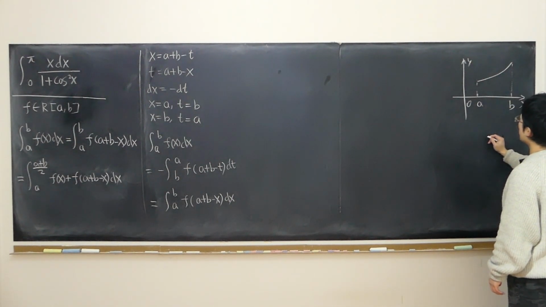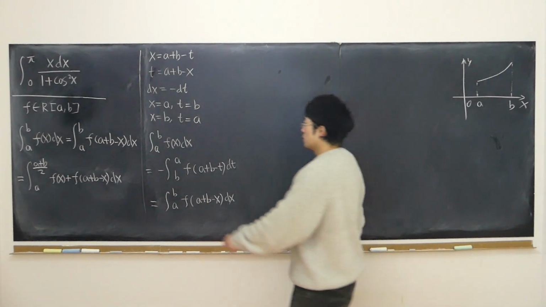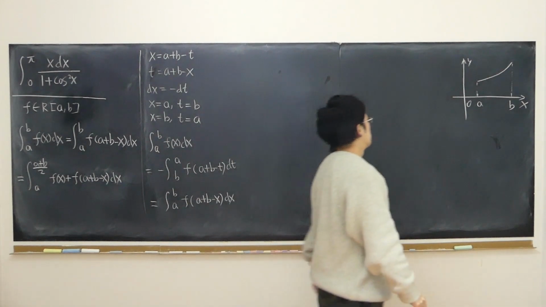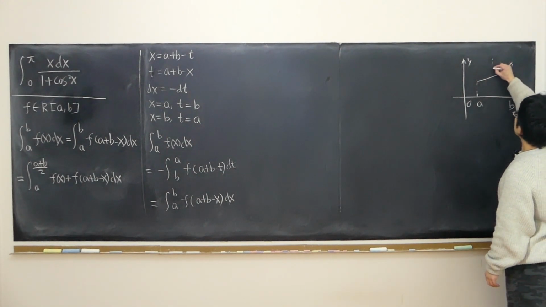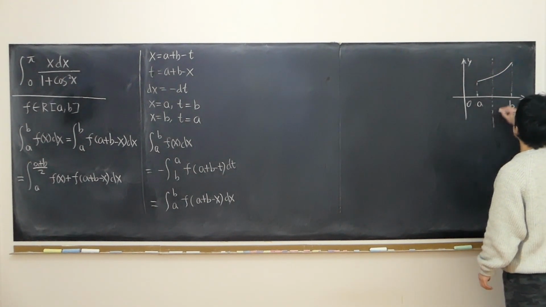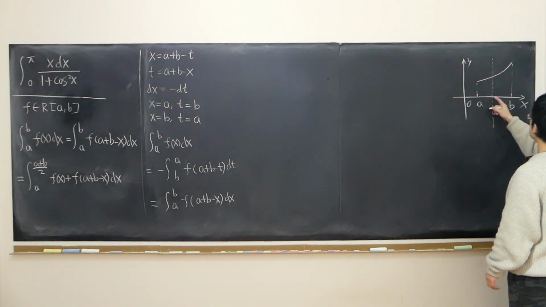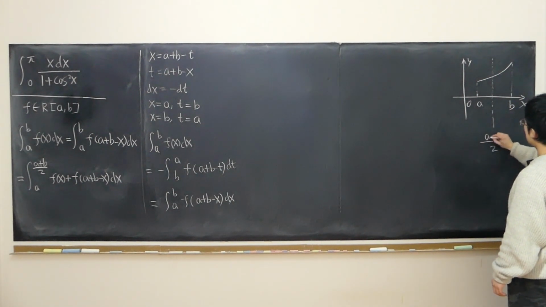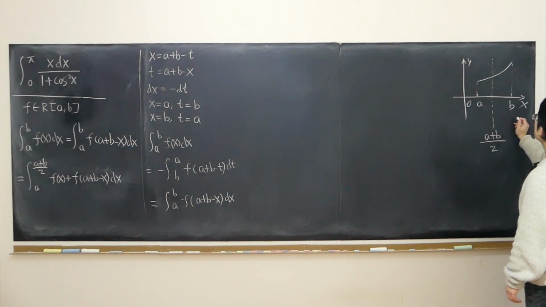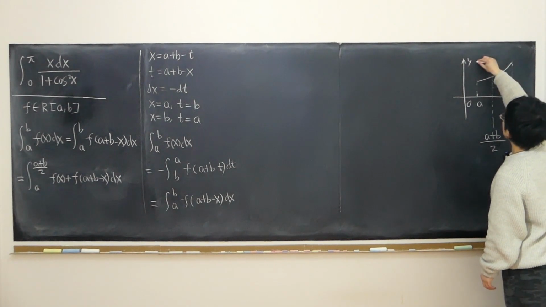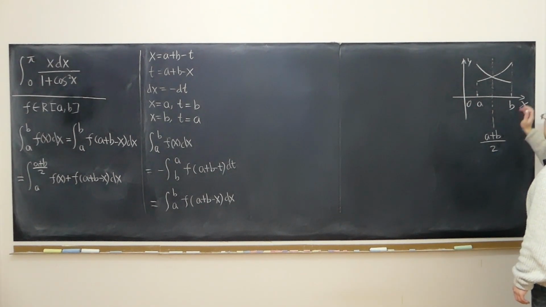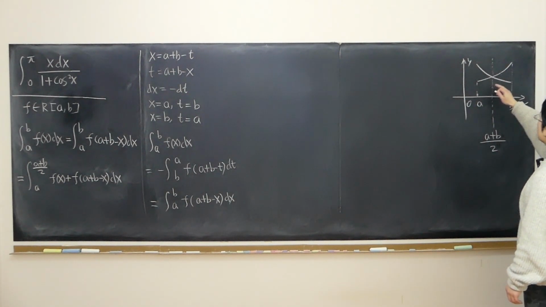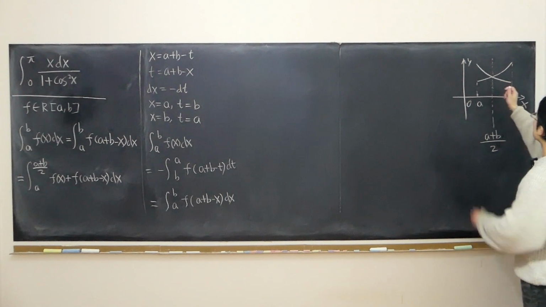Now, it's easily verifiable that our new function is in fact symmetrical to the original function according to this line, this line that passes the middle point of A and B. In other words, our new function will look like this. Now, just from the graph, it's obviously clear that our original integral is equal to the new integral exactly, right?